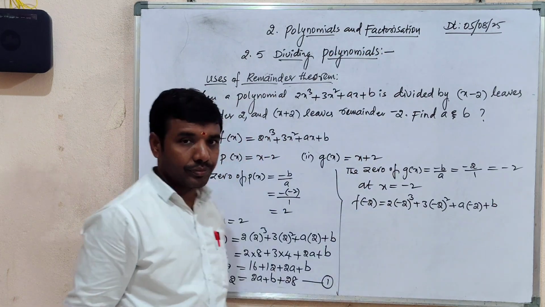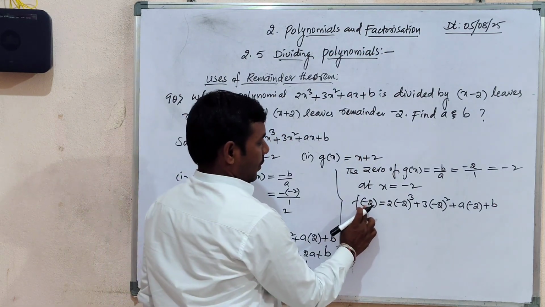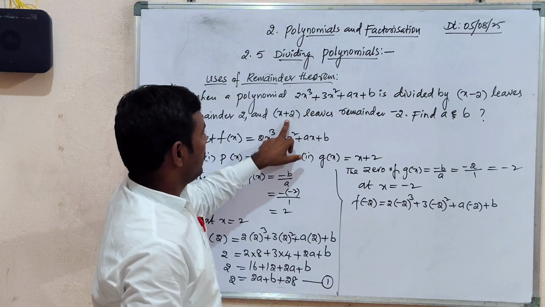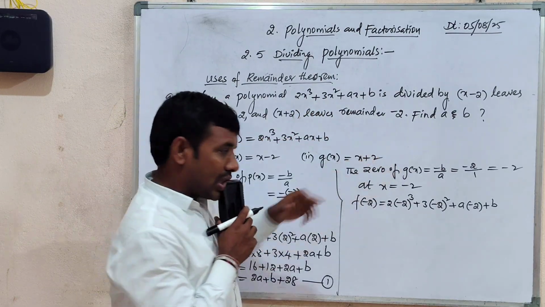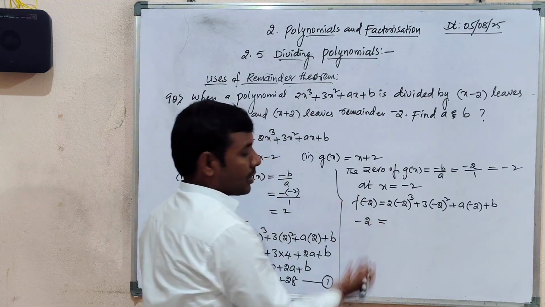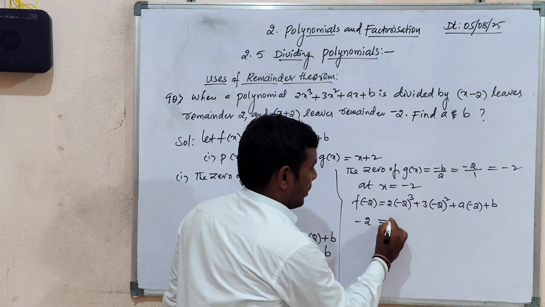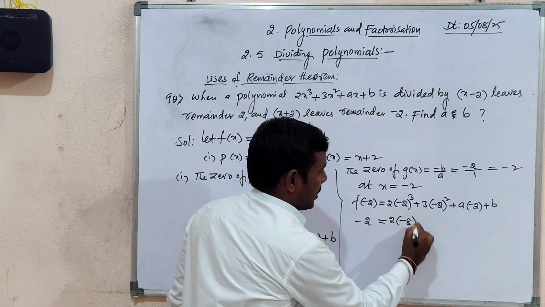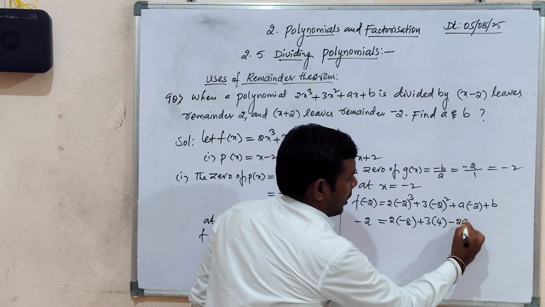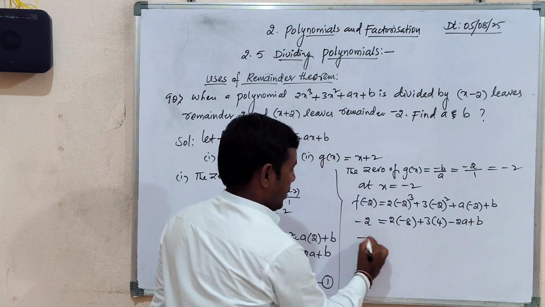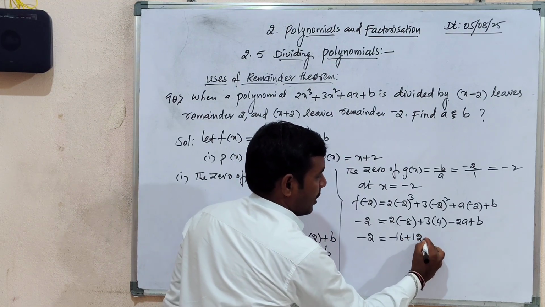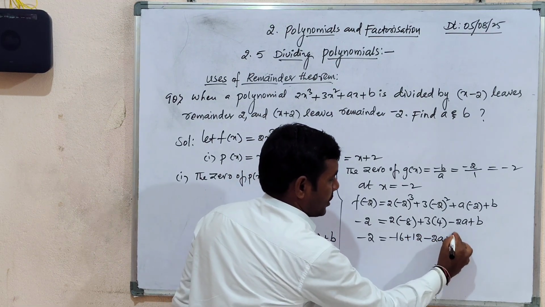Okay, now f of minus 2, nothing but when it is divided with this, the remainder is given as minus 2. Nothing but f of minus 2 is the answer minus 2. Remainder is given, no, that's why. This answer, tell me, 2 into minus 8, 3 into 4, minus 2a plus b. Now minus 2 is equal to minus 16 plus 12 minus 2a plus b.